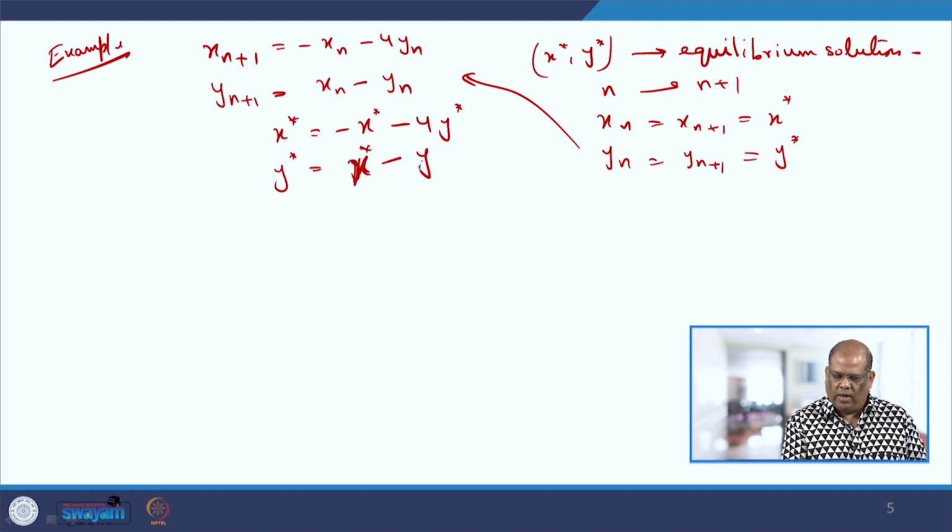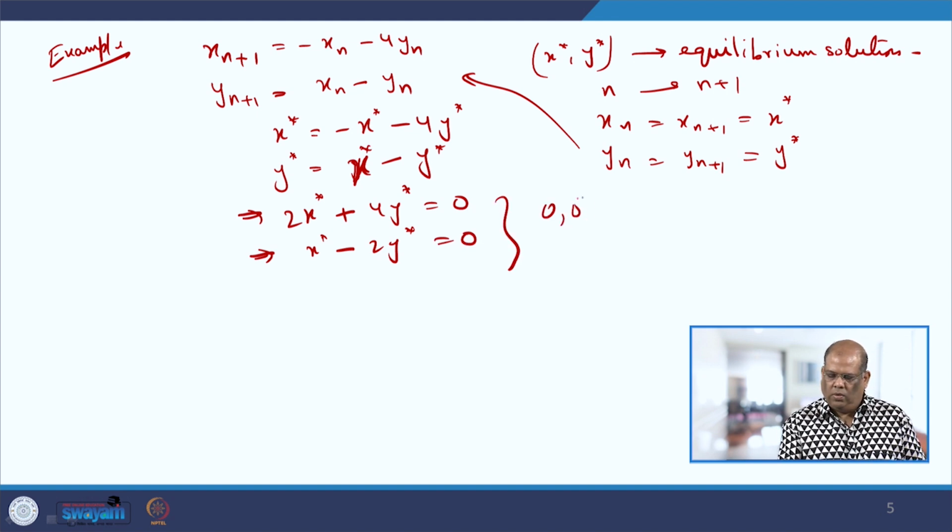So, this will give me 2x star plus 4y star equal to 0, and it gives me x star minus 2y star equal to 0.